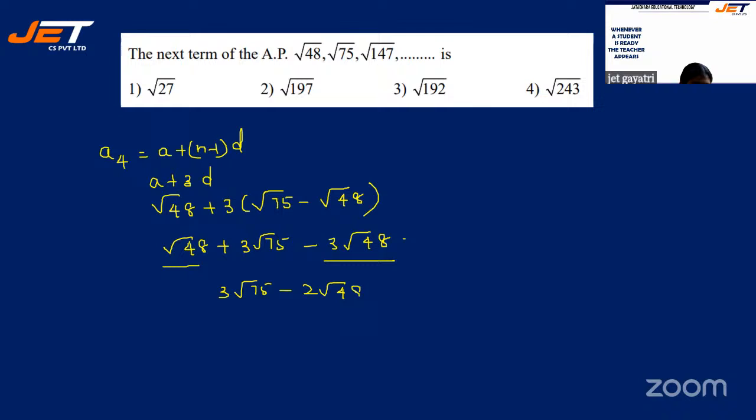Let's see here, 75. 5 ones are 5, 5 fives are 25, 25 threes are 75.